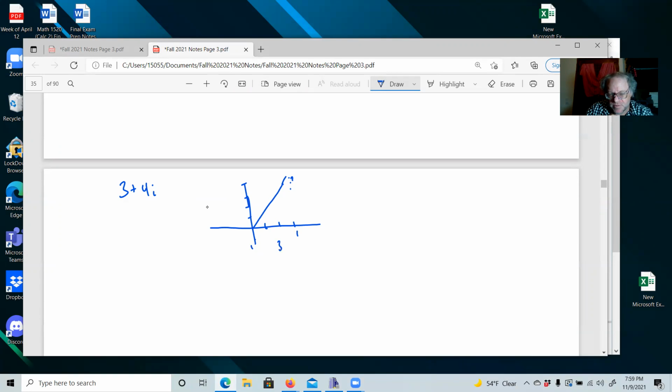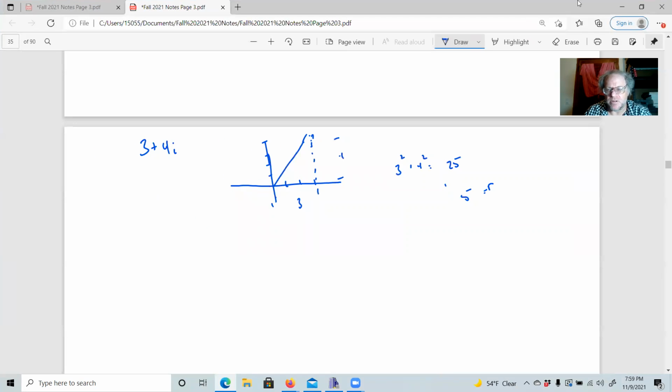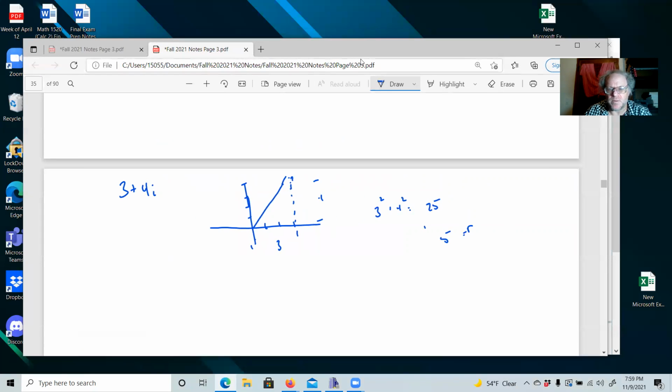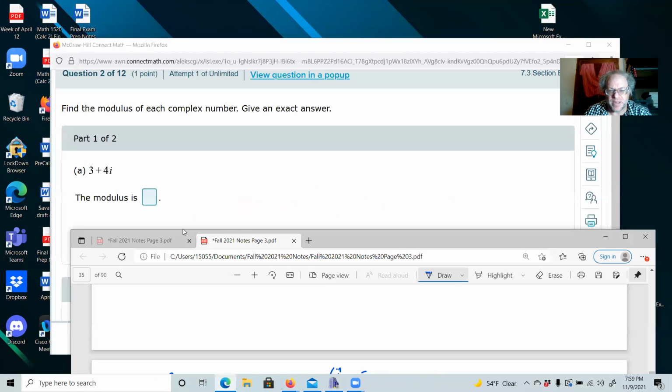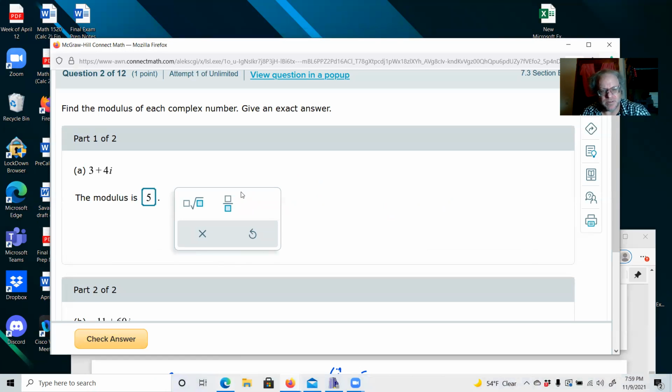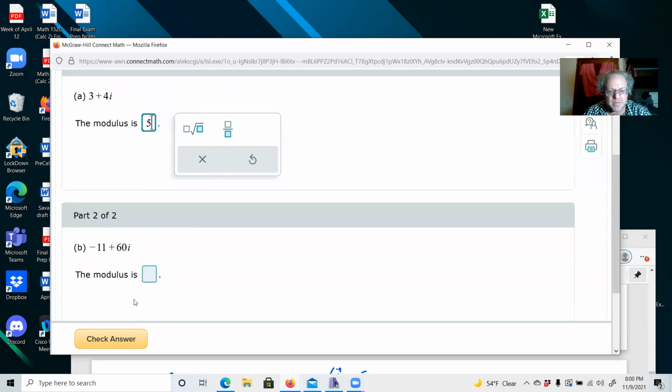We have a length of 3, a length of 4 here. So 3 squared plus 4 squared is equal to 25. The modulus r is equal to the square root of 25, so 5. Okay, so Pythagorean Theorem, same thing you have been doing the entire semester. So again, nothing really to fear here. You should be able to just run through that and check.